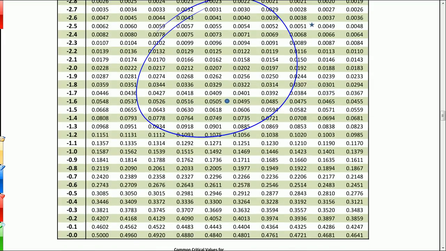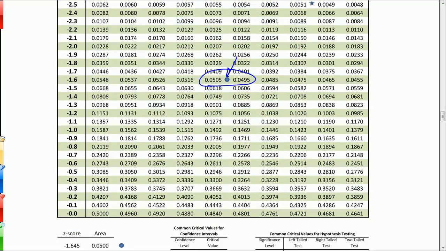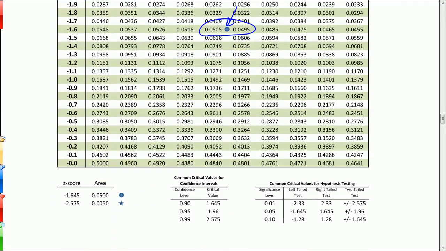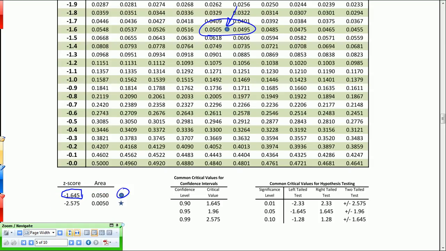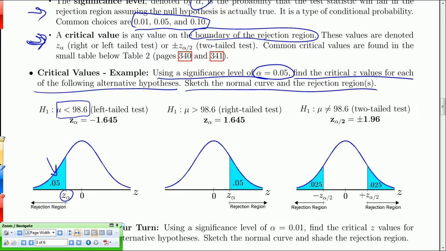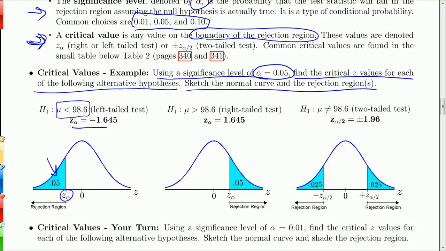What you'll notice, we've done this before, it's straddled between these two, between 0.0505 and 0.0495. But you'll notice there's a dot there. That dot corresponds to this dot, which means the z-score is negative 1.645.